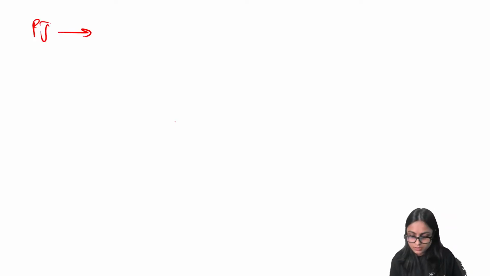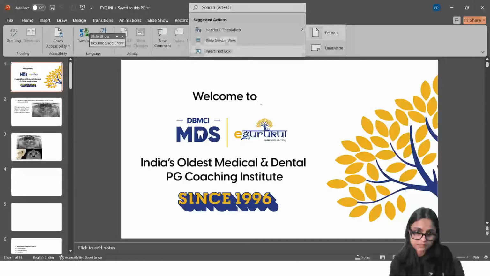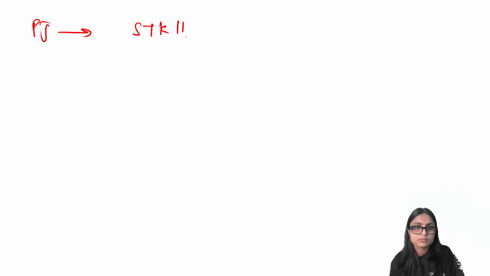Okay, first is Peutz Jeghers. In Peutz Jeghers I am going to tell you the mutation in which gene also and what features you see in these syndromes. So mutation in STK11 gene.